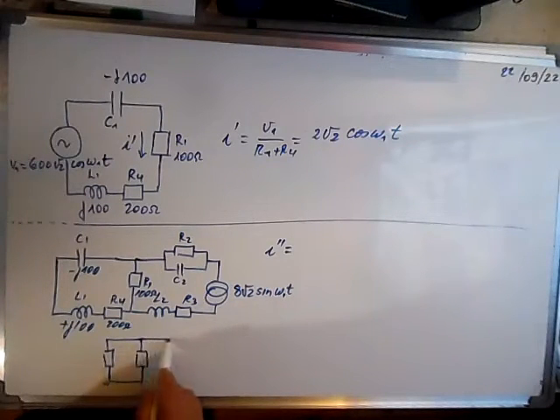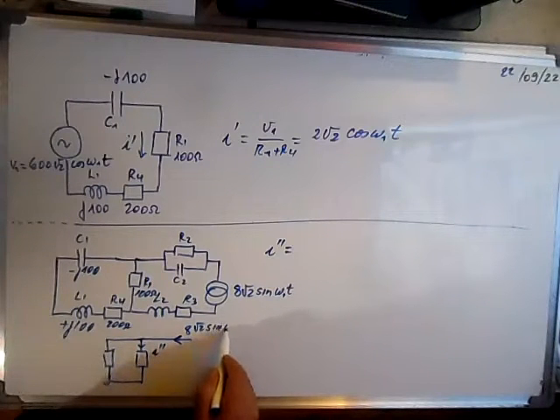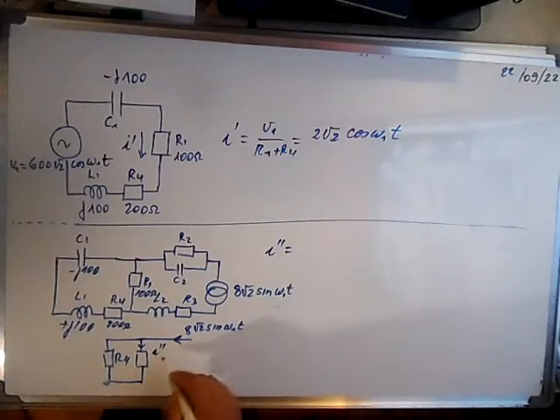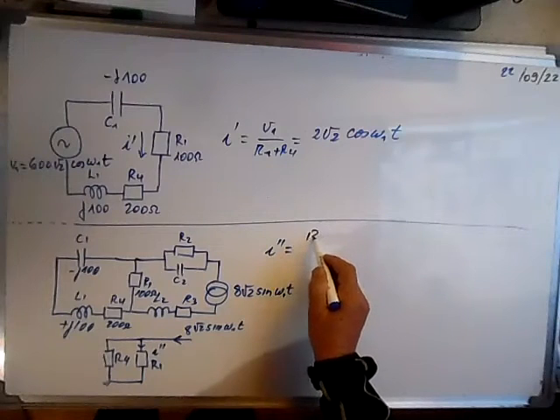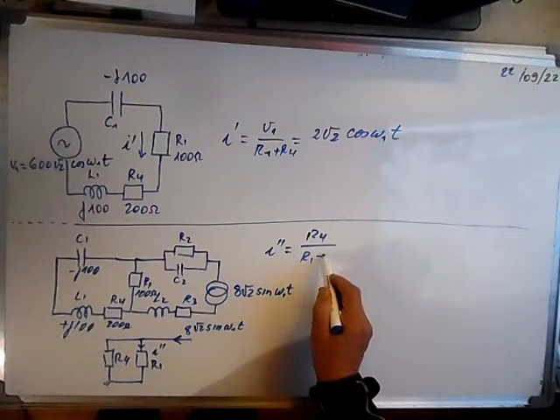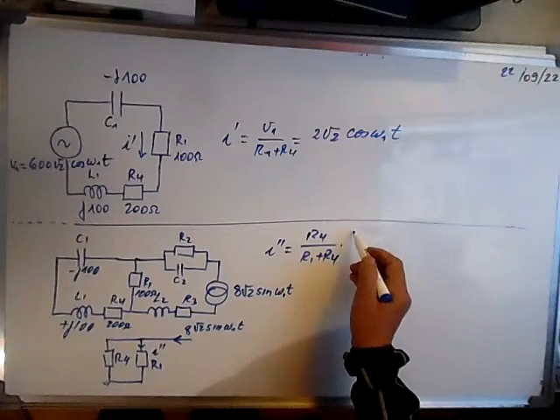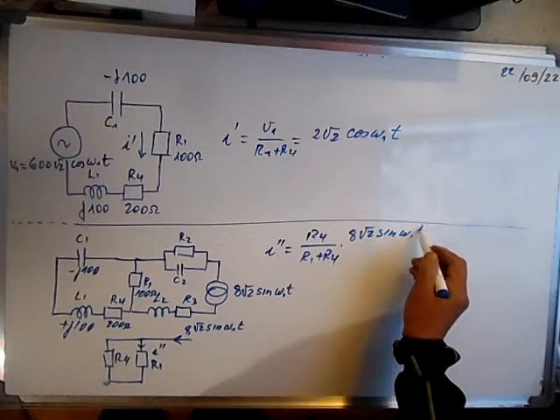We have here I2 prime, the current that flows, 8 square root of 2 sine omega 1 t, and here we have R4, so we can calculate the current here by the current divider method. It's R4 over R1 plus R4 times this current, which is 8 square root of 2 sine omega 1 t.